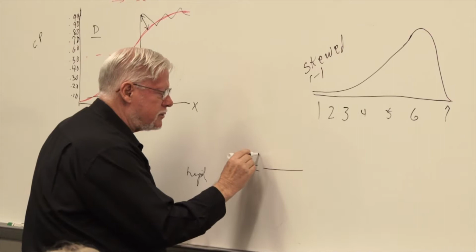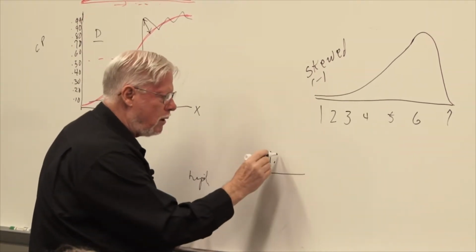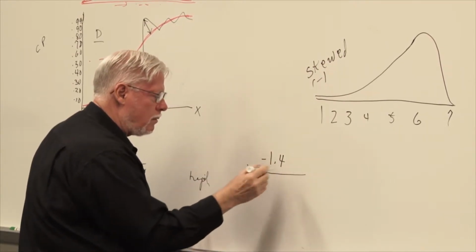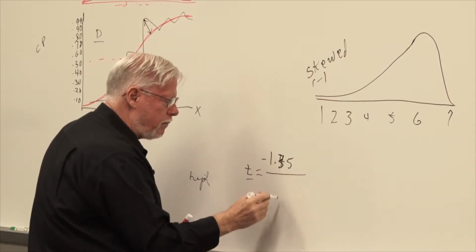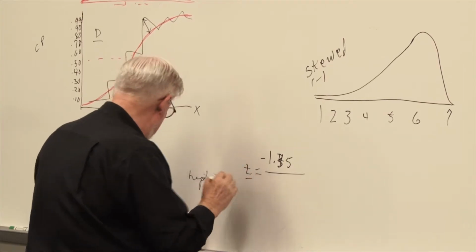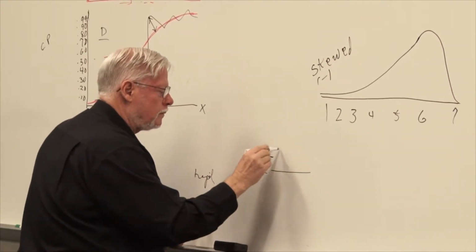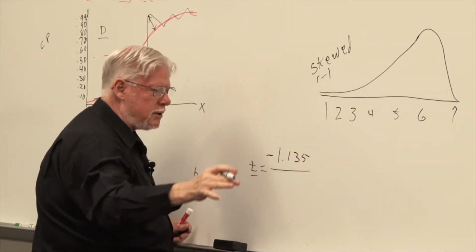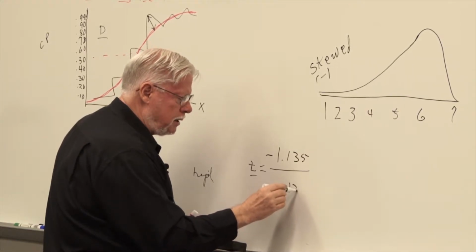The skewness index was a minus 1 point something. Can you help me? 1.135. Negative though, right? Yes. Okay, the standard error to the right of it is what? 0.127.